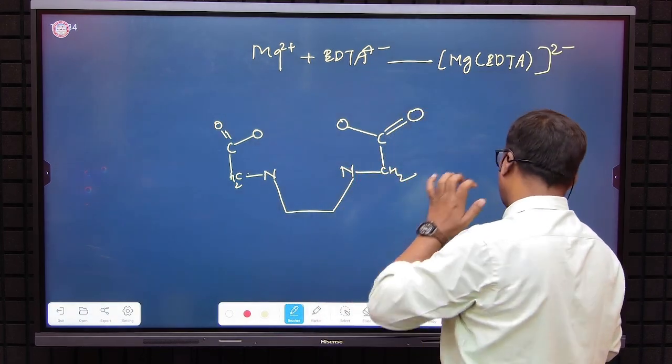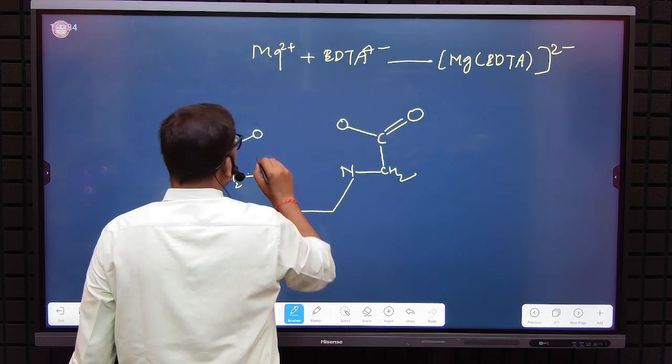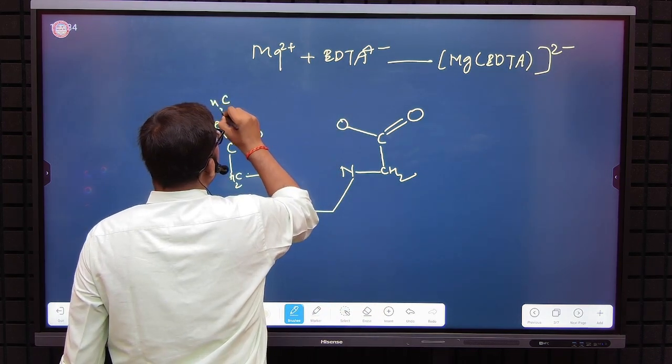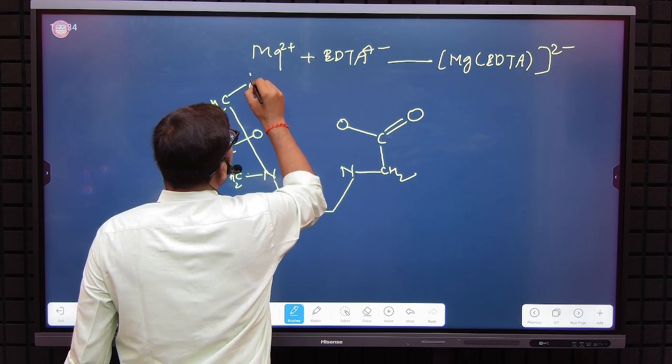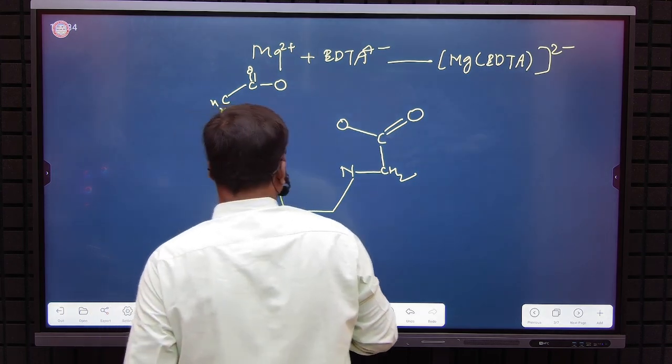So what is it? CH2 C double bond O and this is O, right?